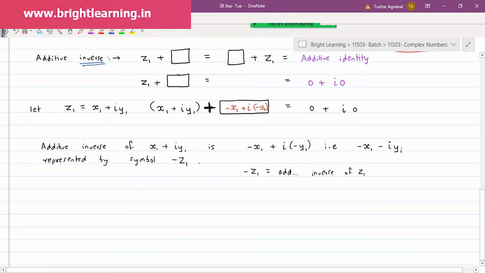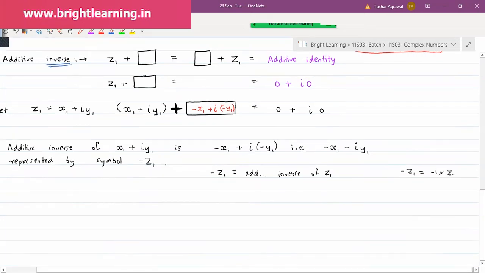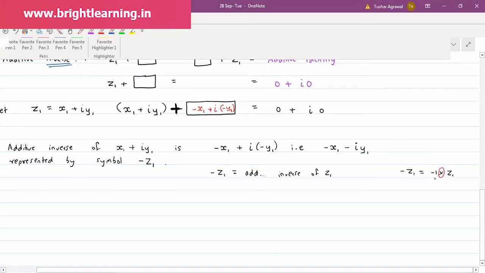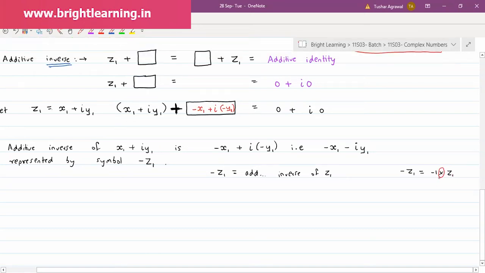Afterwards, after some time, we will prove that this minus z1 is actually minus 1 into z1. This can be proved later on, nothing difficult, because right now we do not know the multiplication operation. In the set of complex numbers, we do not know how to multiply different complex numbers. Z1 is a complex number, minus 1 is also a complex number, but how to multiply two complex numbers, right now we don't know.